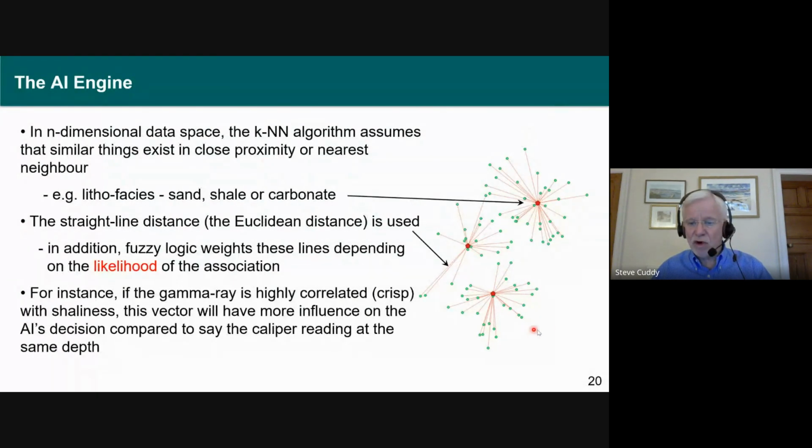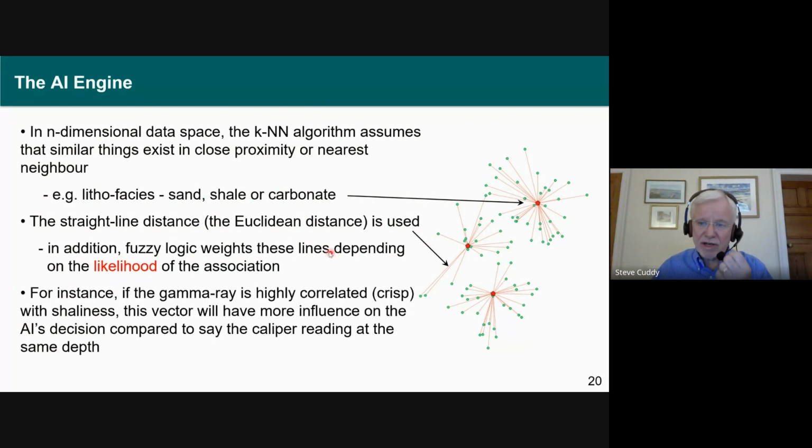If you look here, we've got 2 dimensions, right? And our data points are shown in green, and we're trying to predict whether these logs are associated with sands, shales, or carbonates. And all it does, it works out which is the nearest neighbor, and says if it's closest to a shale, it's probably a shale.